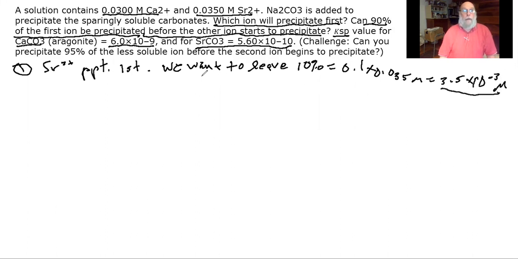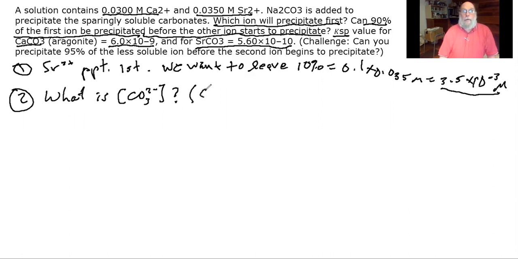All right. Now, at that level of strontium left in solution in this system, what we want to know is what the carbonate concentration is going to be. And so this is a KSP problem with a common ion.